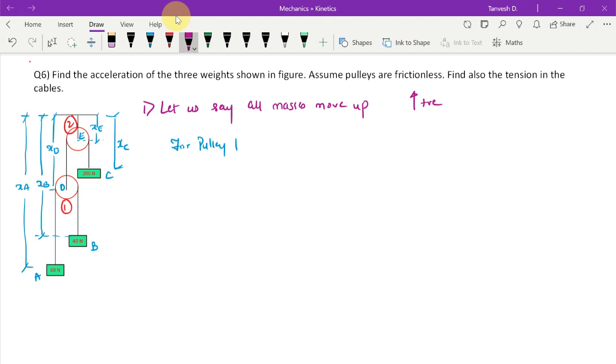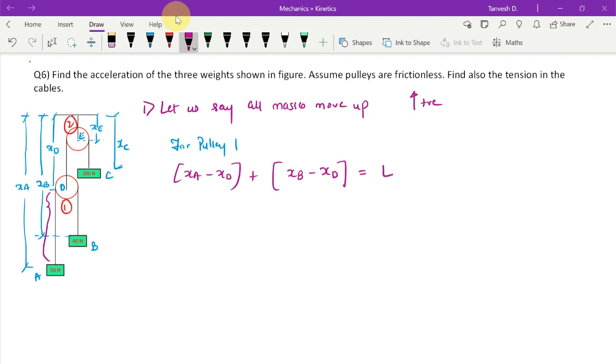We know that XA minus XD is going to give me this length, plus XB minus XD is equal to the length of this string, right?